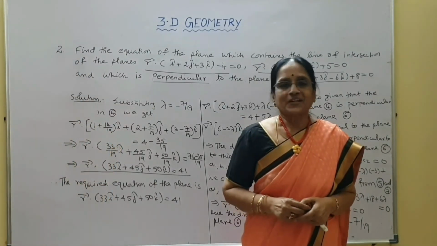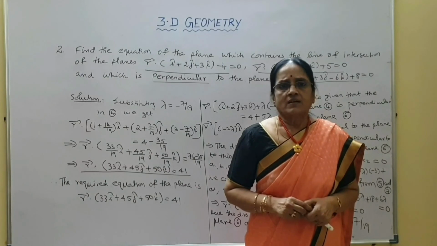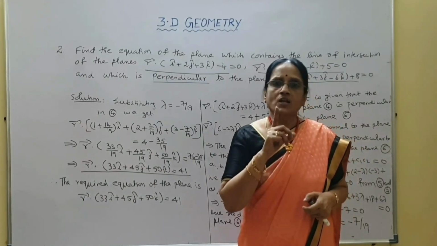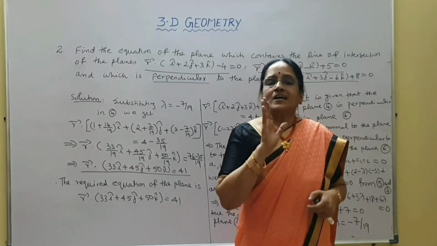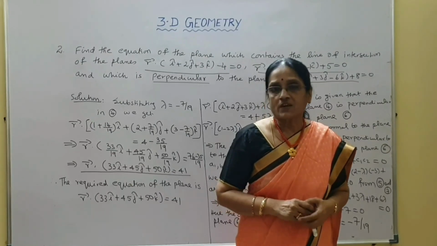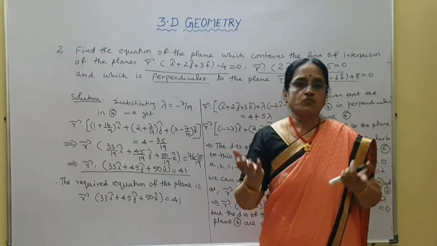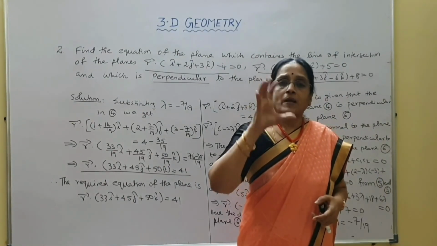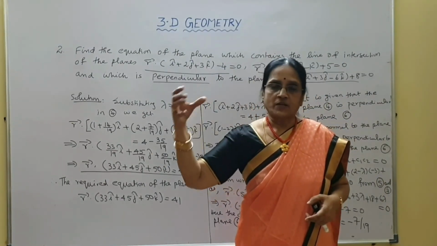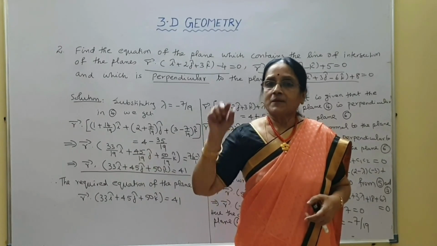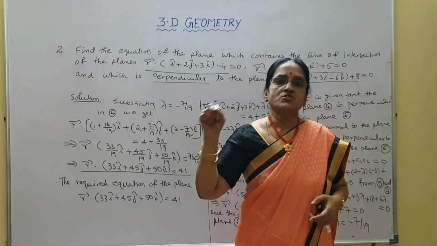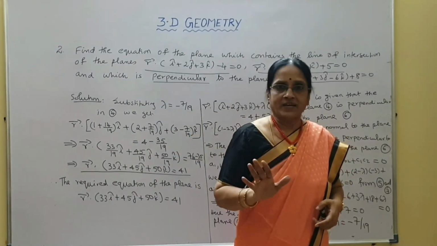With that, we have come to the end of today's session. In today's class, we did only one particular type of question, that is the equation of the plane passing through the line of intersection of two planes, which is perpendicular to another plane. That particular condition helped us to get the value of lambda.